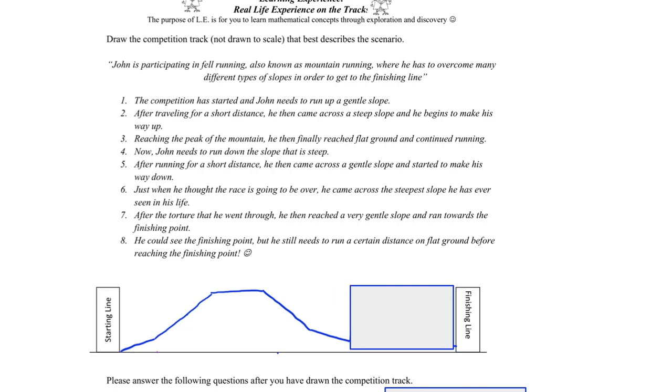Just when he thought that the race was going to be over, he came across the steepest slope he has ever seen. After the torture that he went through, he reached a gentle slope.